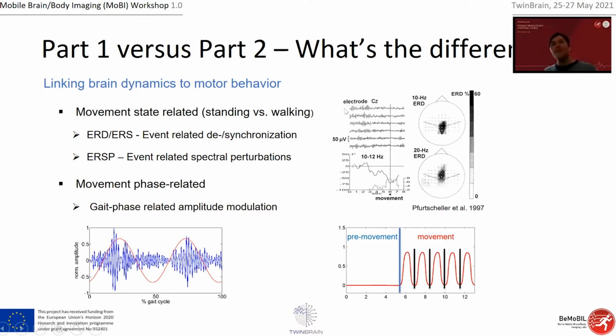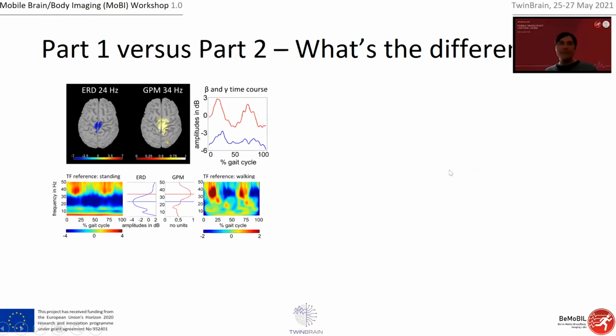And if you then compute the envelope of these oscillations, this is displayed here. First, not much is going on by definition, because that's the baseline. Even before moving, you can see this suppression of the moving beta rhythm. That is a very prominent and ancient feature we have known for a long time, and that is something we see in humans, but that we also see in all kinds of species in animals. So let's dive right into it.